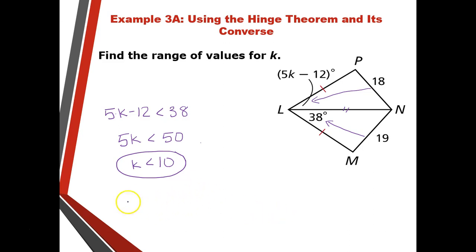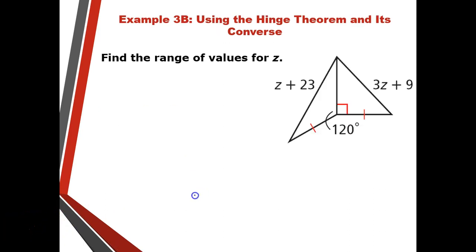Okay. All right, let's do the same thing on this one to find the range for z. And again, applying that hinge theorem, this angle is larger than this 90-degree angle.